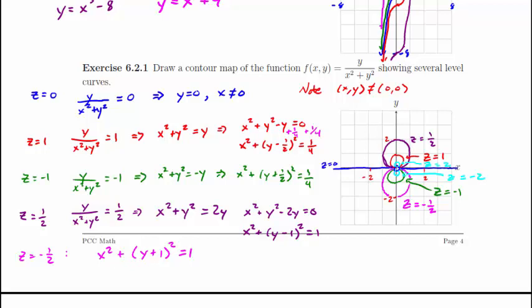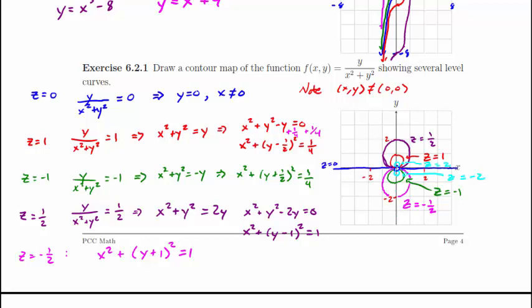circle shifted down 1 in the y direction with a radius of 1 or a diameter of 2. So we have this pink circle with a center of (0, -1) and a radius of 1. This gives me where z equals -1/2. So we see in general that if we are below the x-axis, we're getting z values that are flattening out, getting closer and closer to 0 as we have bigger and bigger radiuses with centers on the y-axis lower and lower down.